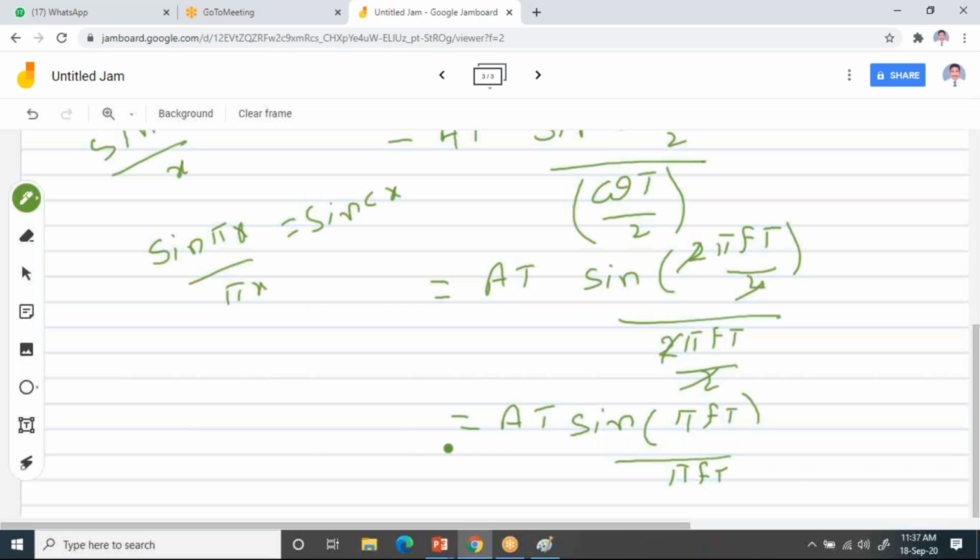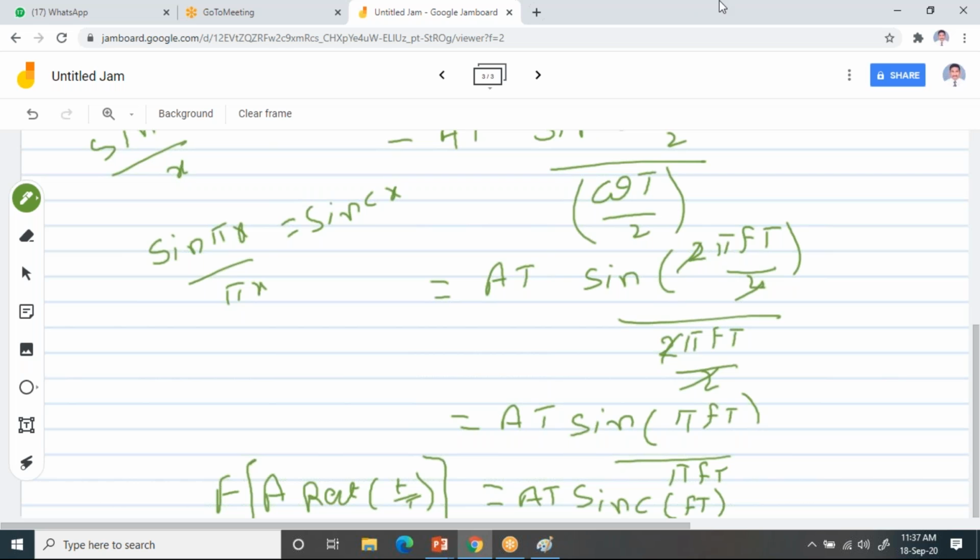So then I can write this as, the solution for this is at sinc f t. That means, try to understand, the Fourier transform of a rect t by capital T is nothing but at sinc ft. Is it clear up to now?